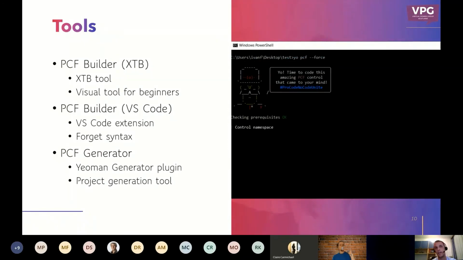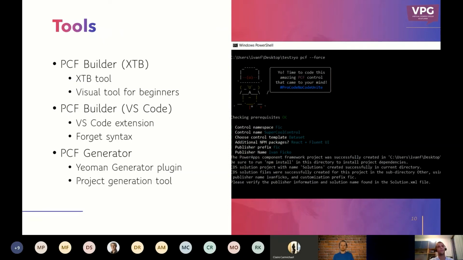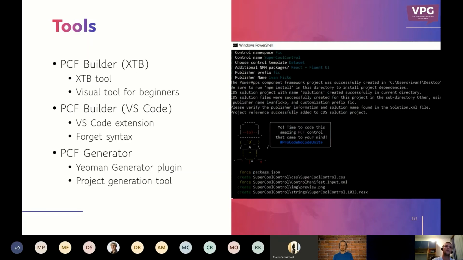So don't spend time on scaffolding your project. Just initiate the PCF Generator command, initialize your solution, and you're ready to go. You will then only code the interesting stuff. You don't need to worry about scaffolding the projects and knowing all the syntax around the PCF command line tool.